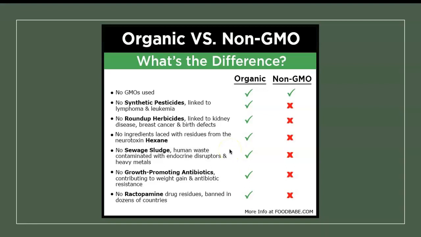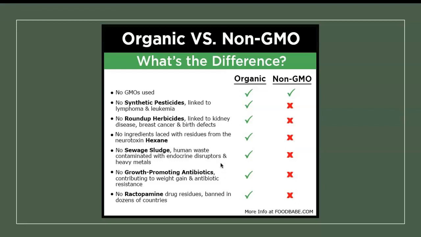What is organic food? Organic food is definitely no GMO. No synthetic pesticides. Actually, a small percentage of very mild pesticides are allowed for crop production, but not the synthetic ones.